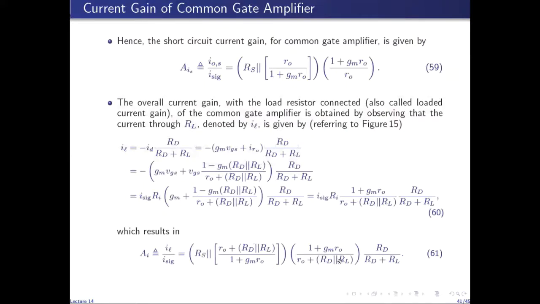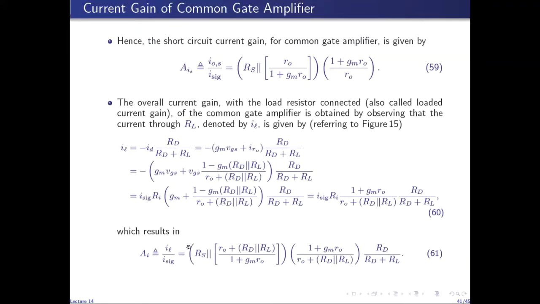Using the same assumptions, small r naught being much greater than this parallel combination means the denominator is approximated by small r naught, the numerator is approximated by GM R naught, it gets cancelled, and this factor becomes GM. This factor in the denominator is approximated by GM R naught, the numerator by small r naught, it gets cancelled, we get 1 over GM, and 1 over GM in parallel with RS is approximately 1 over GM, because 1 over GM is much smaller than RS.